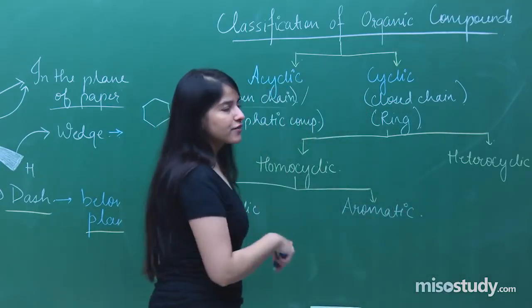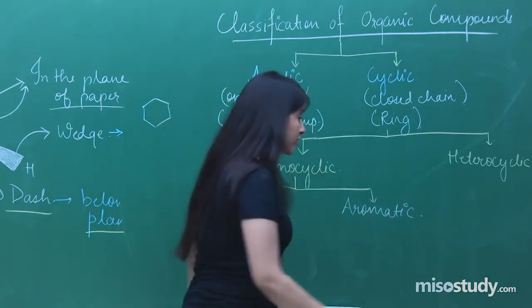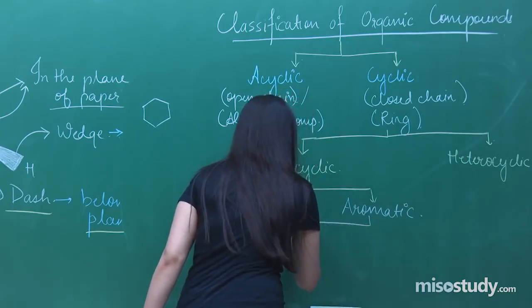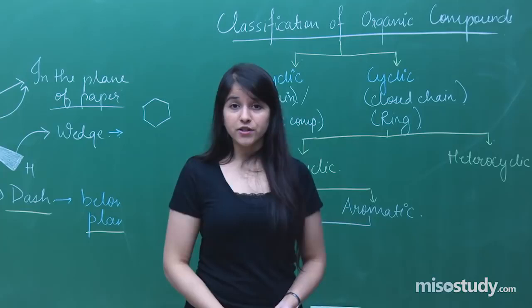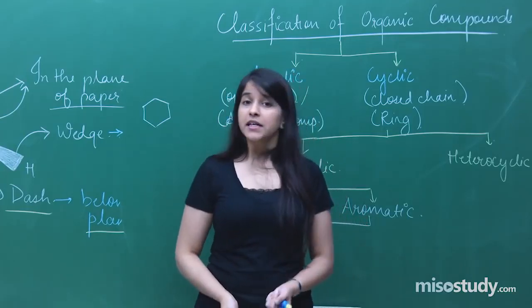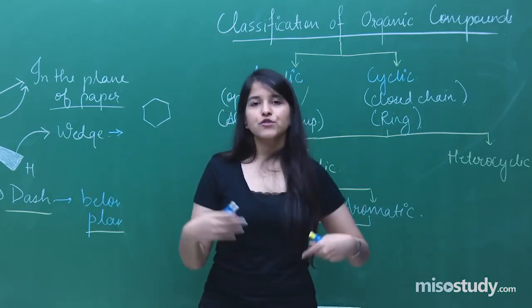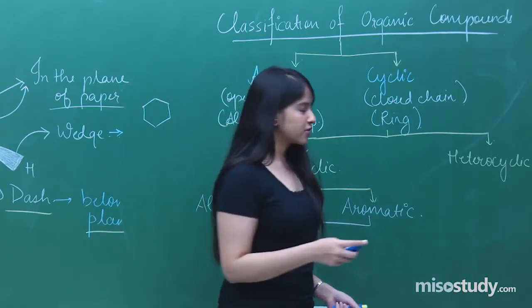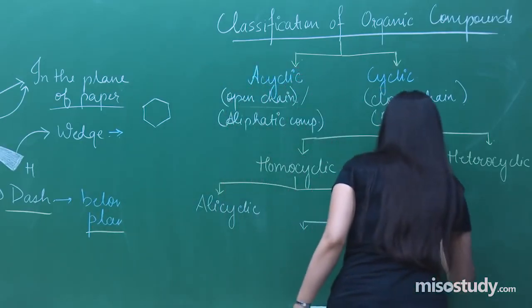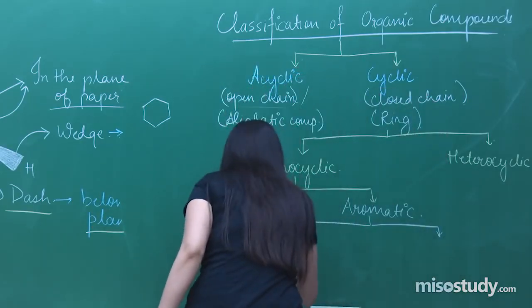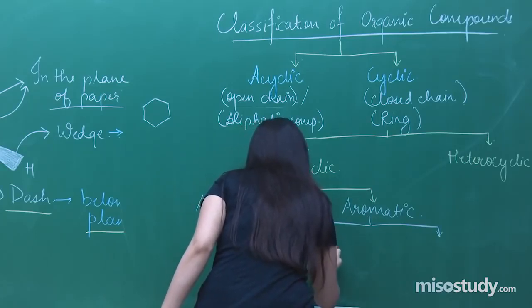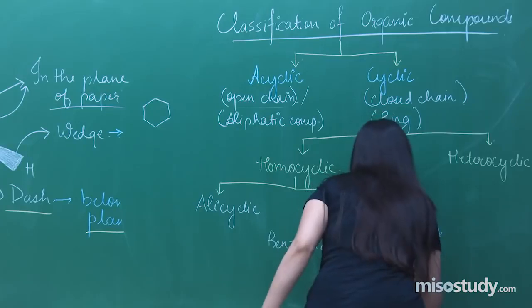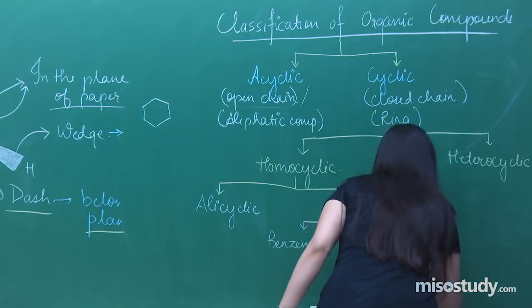Also, in the category of aromatics, I have got the benzenoid structures or non-benzenoid structures. What is benzenoid? Benzene-like structures or non-benzene-like structures. So they are further divided into benzenoid and non-benzenoid.